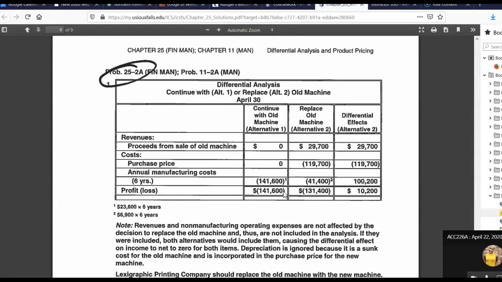So in this case, it would be advantageous to move to the new machine, and we'd have a savings of about $10,000. Still, both programs have cash outflow, 141,000 or 131,000. It's just that the new will have less demand on cash needs than the old.